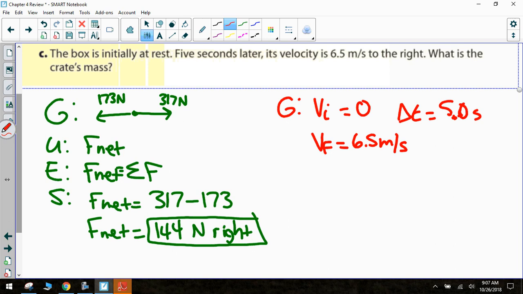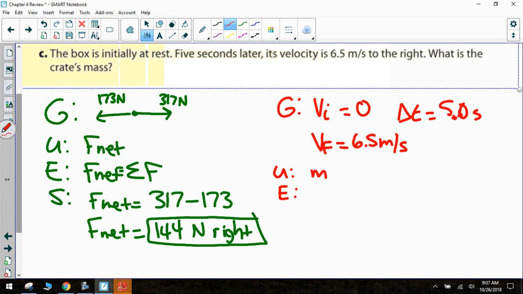So the unknown is what? Mass. Well, I don't know of an equation that has V final, V initial, delta T, and mass. Do y'all? So what equation that we've talked about has mass in it?